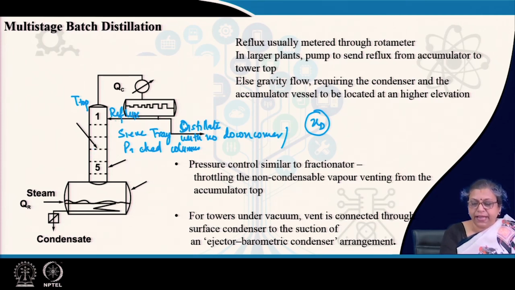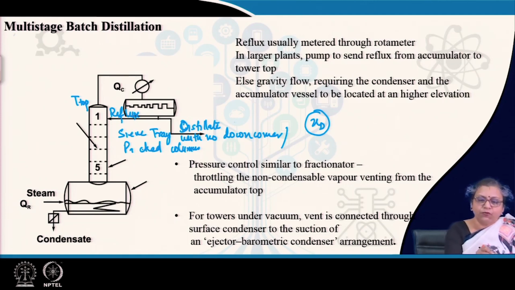We continue this operation till the point we find that the reflux ratio has reached an uneconomically high value. But the easier thing to do is to keep the reflux ratio constant. Under that condition XT keeps on varying, and we continue the operation till XT falls below a specified value.